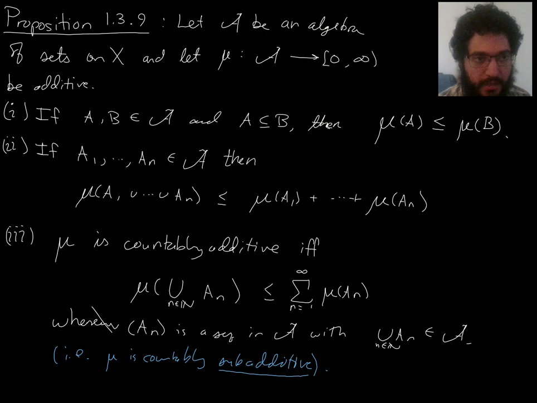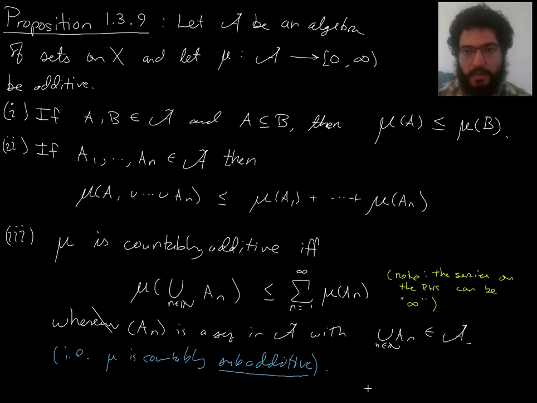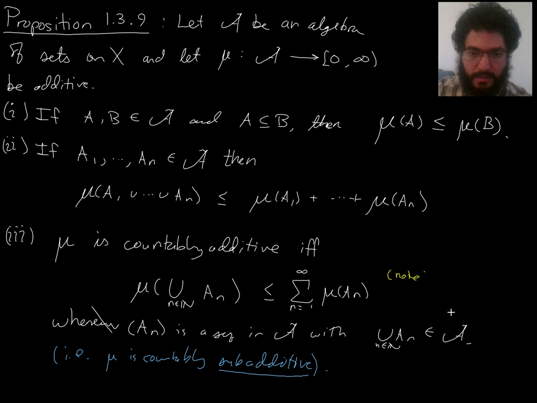So maybe I will add a note here. Just note that the series on the right-hand side is allowed to take the value infinity. Or, you know what? I think I have a better way to do this. Whatever inequality we're interpreting here is going to be trivial when the right-hand side is infinity.